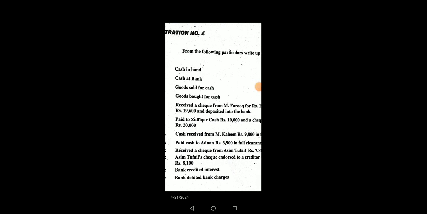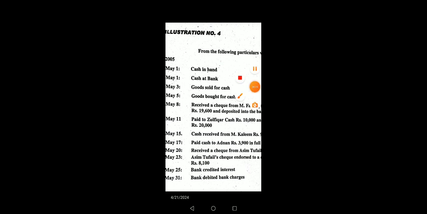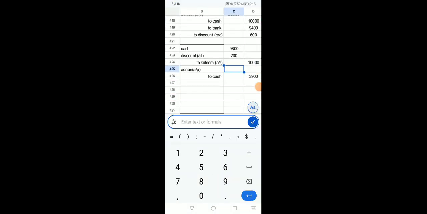So total amount which was payable was 4,000. So this full settlement 4,000 would be written in front of Adnan because you were liable to pay 4,000 to him.